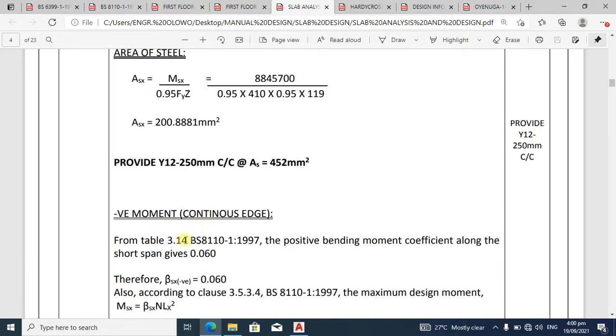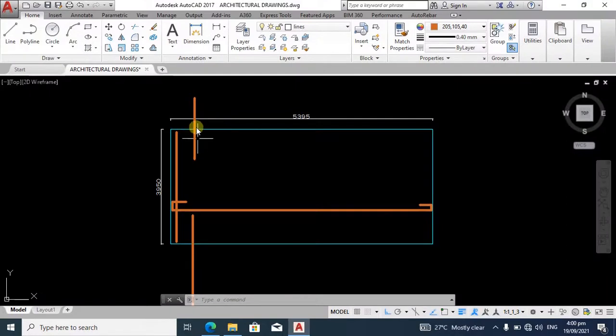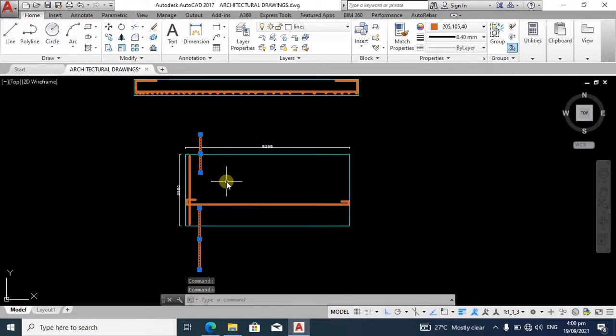How do we calculate the negative moments around the short span? Remember, the negative moment is going to be around the continuous edge. Can you see this one and this one? Around the continuous edge of the panel along the short span.